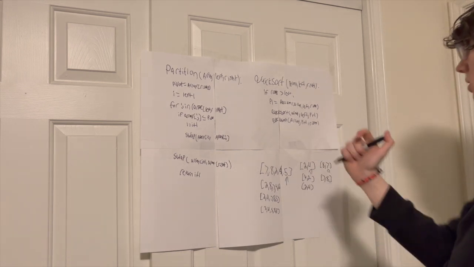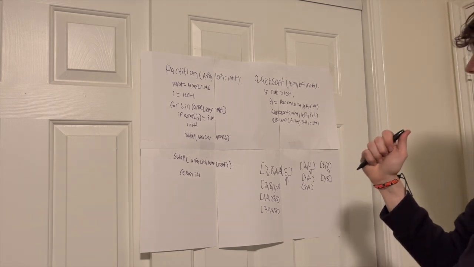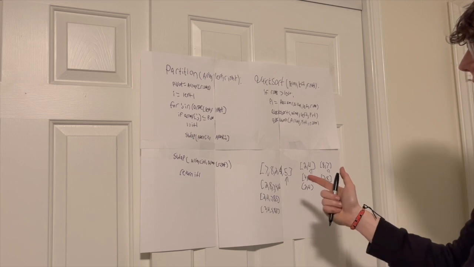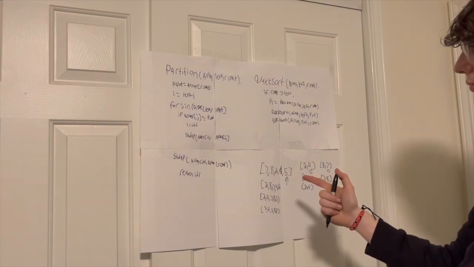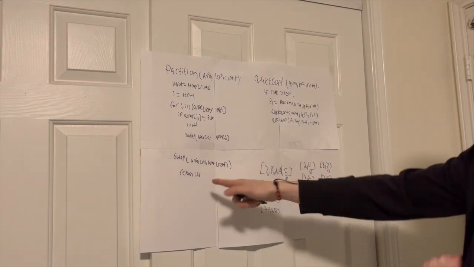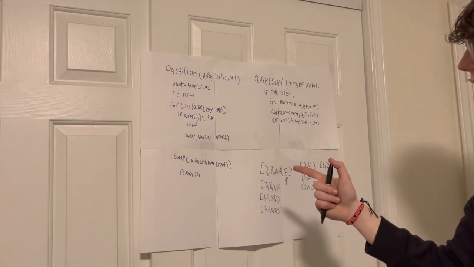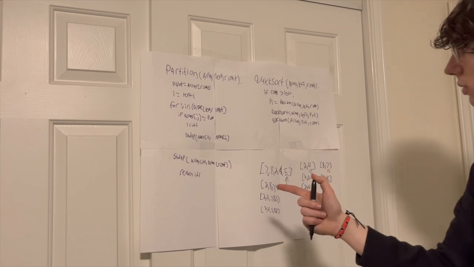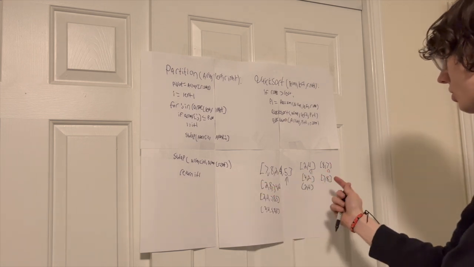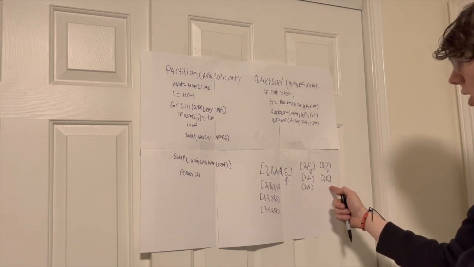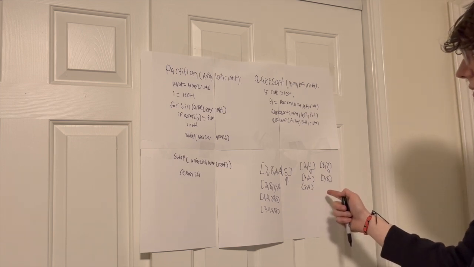Now, technically, this would run one more time. This would run until we returned I plus 1 for everything. So I plus 1 here is going to return 4, and it's going to return 8, right?